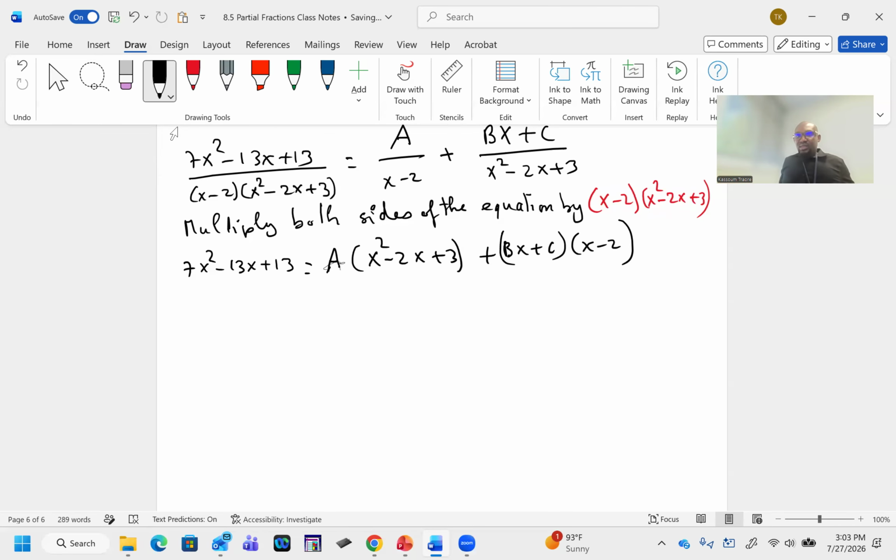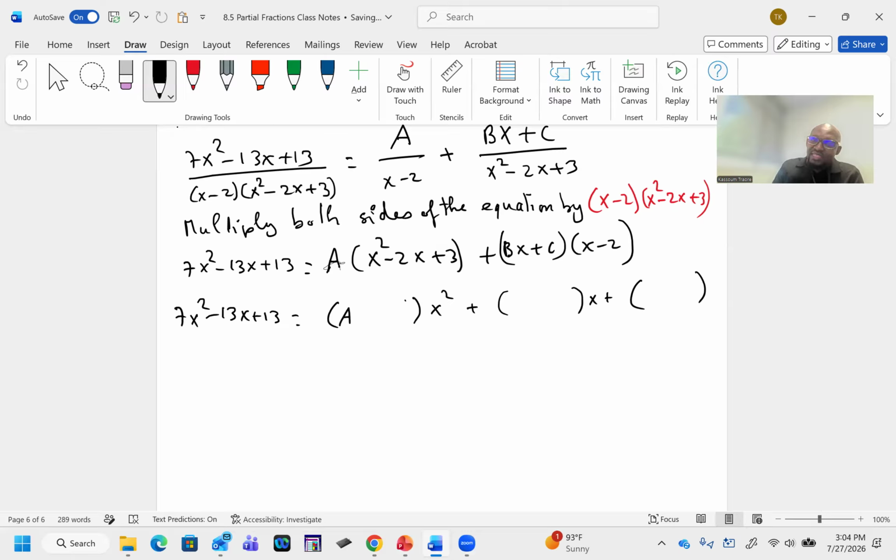So now if I expand this one again, my 7x squared minus 13x plus 13. We know if I factor x squared, plus, I will factor the x, and then plus, we will factor those that do not have x, the x to the power of 0. Because the highest power is x squared again, right? So we will have a times x squared, we'll have a inside.